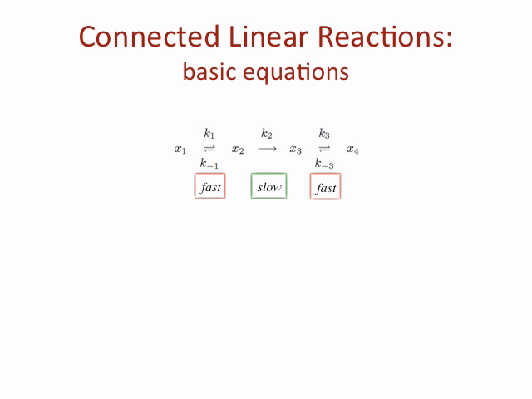As we go through this, we should be thinking about the two reversible reactions as being fast, and the second one being fast or slow. We're going to look at the effects of the relative magnitude of k2 that characterizes that second reaction and the others.